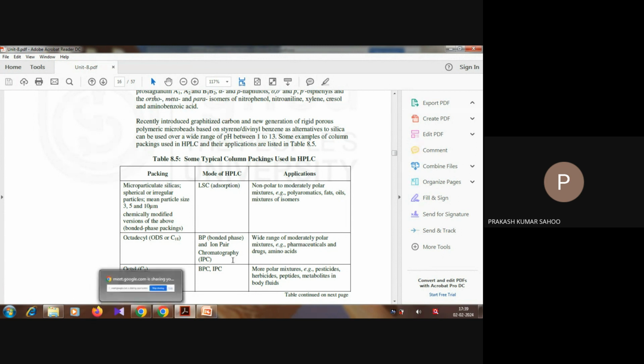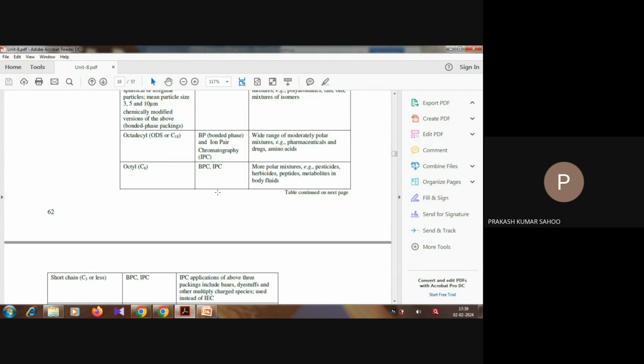If I go for ODS, that is octadecyl, then the bonded phase and ion pair chromatography mode of operation will apply. Then a wide range of moderately polar mixtures or pharmaceutical mixtures can be analyzed.